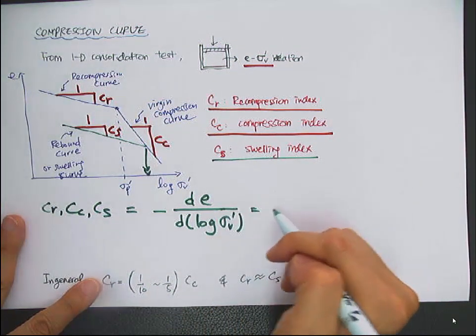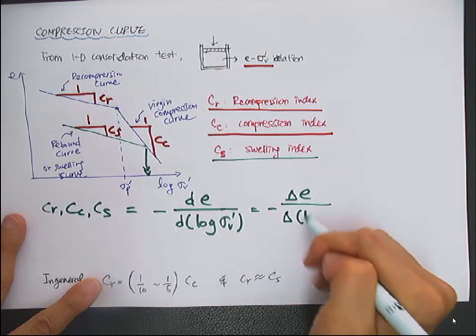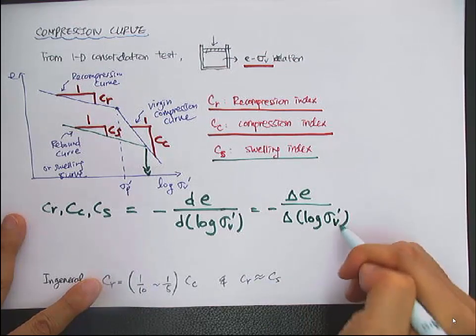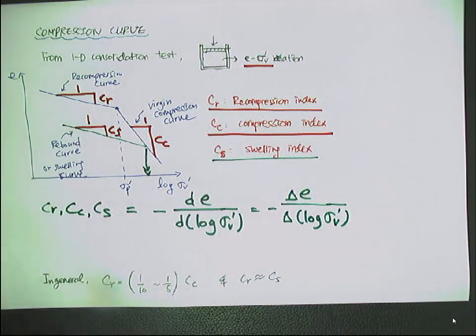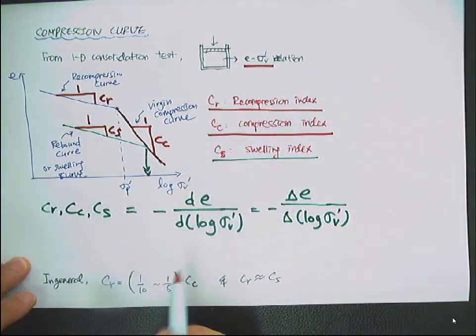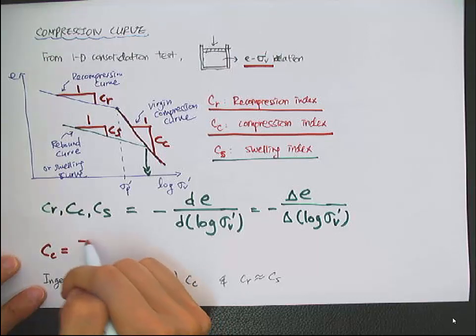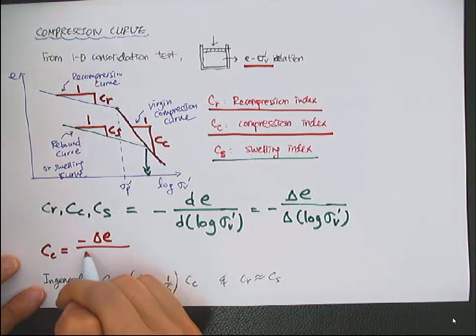So in discrete form, delta e over delta log sigma v prime. So for example, for a compression curve, CC is minus delta e over delta log sigma v prime.